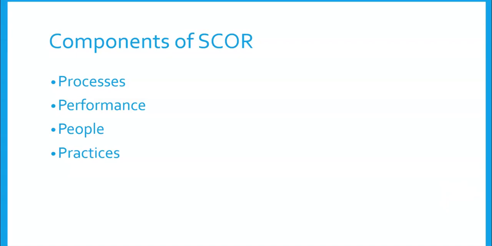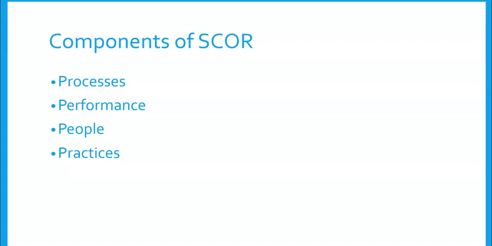So the processes are the standard description of the processes within a supply chain and the relationships of those processes to each other. The performance section is focused on metrics and measurement. The people section is focused on how companies measure their human resources and the people that work for them.